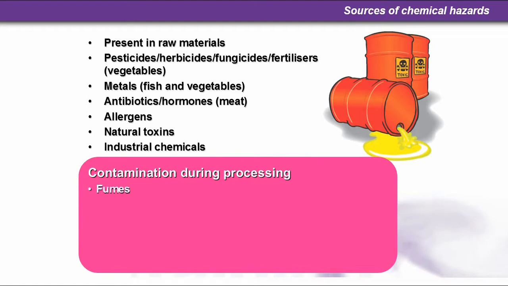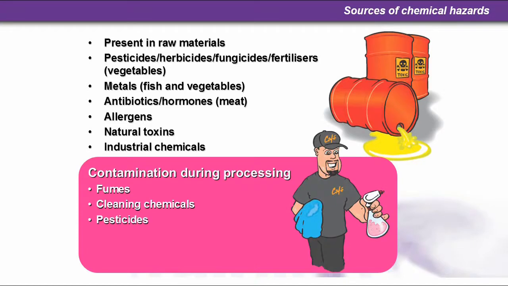Contamination during processing could include diesel fumes, petrol fumes, fumes during the processing system. This is why, for example, transport should always be at the opposite end to production.